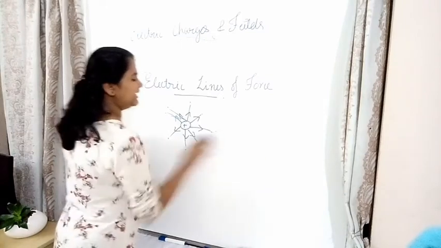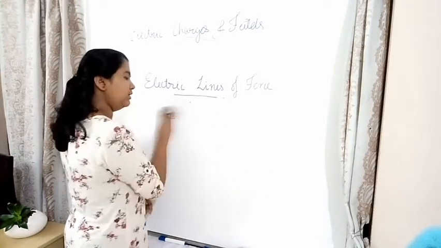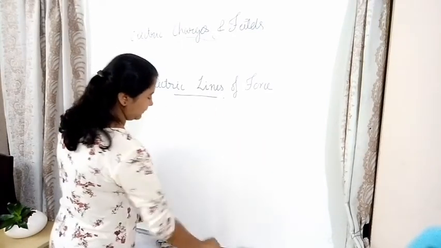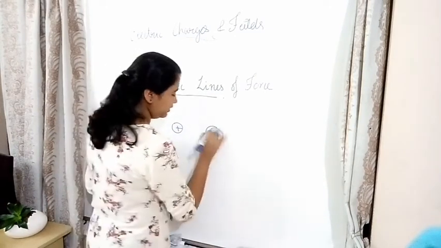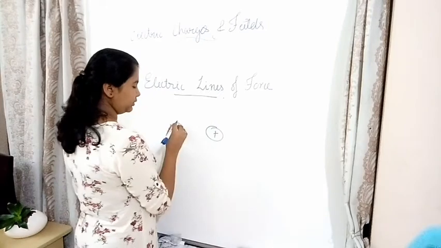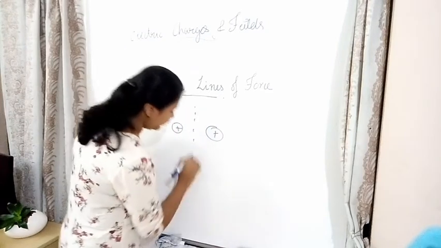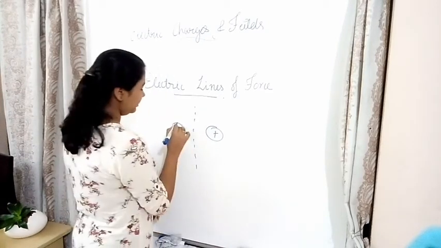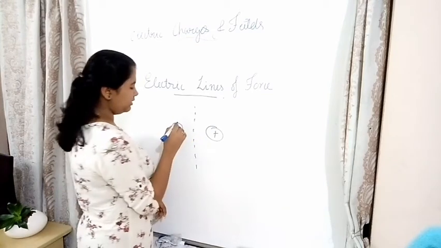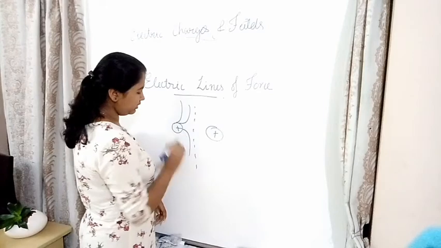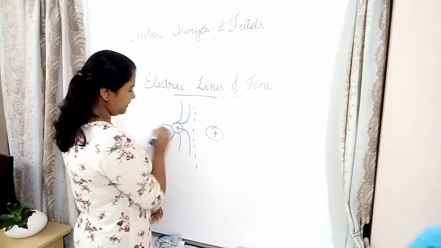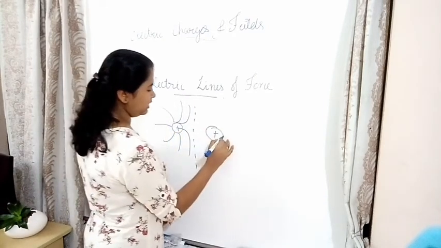Now let's see a case of like charges kept together. This is positive, this is also positive. What would happen? We have to draw lines in between. From positive it will move out, it will move out. This is the case over here, and over here also.